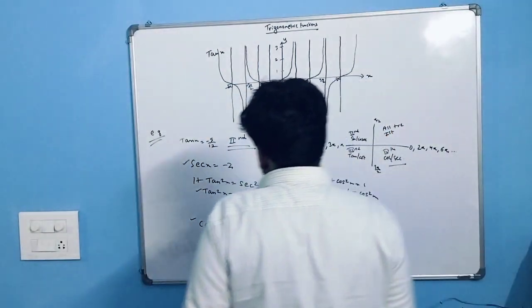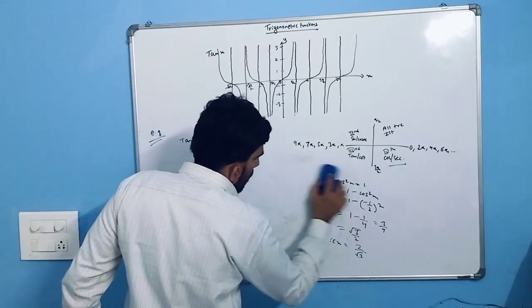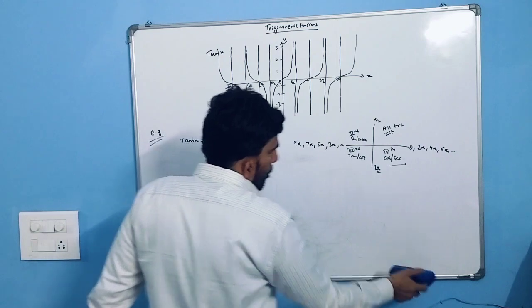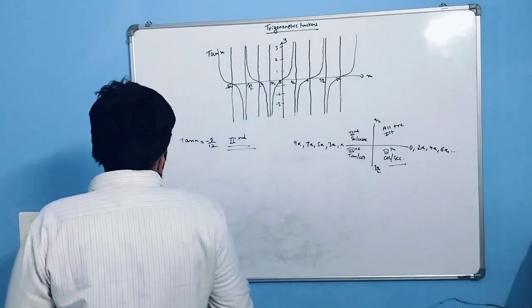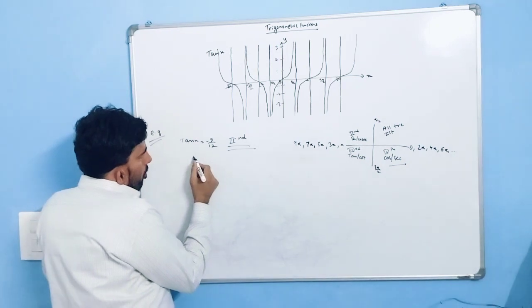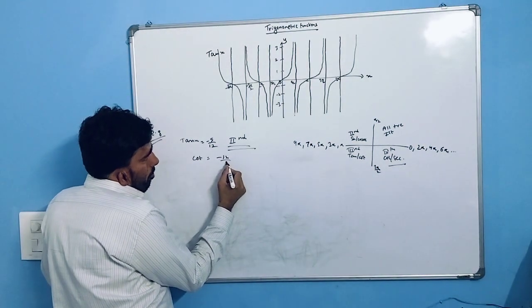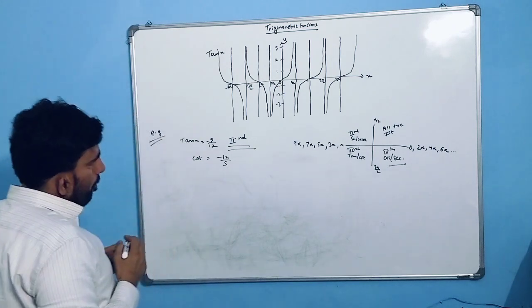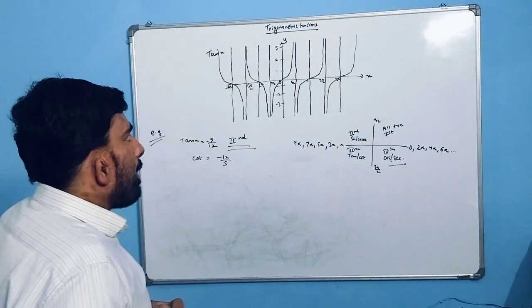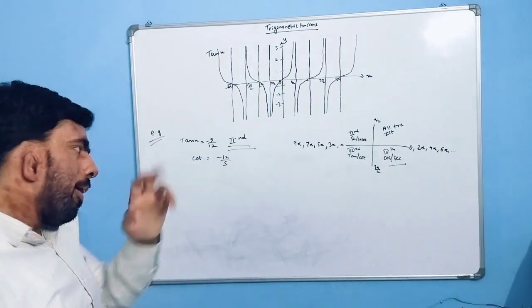So let us see how we are able to find the other 5 ratios. Now we all know the reciprocal of tan is cot. So cot will be minus 12 upon 5. Okay. It will be negative because we are talking about the second quadrant. In second quadrant, tan and cot are negative.